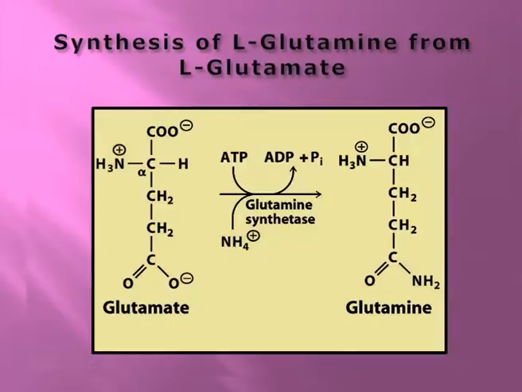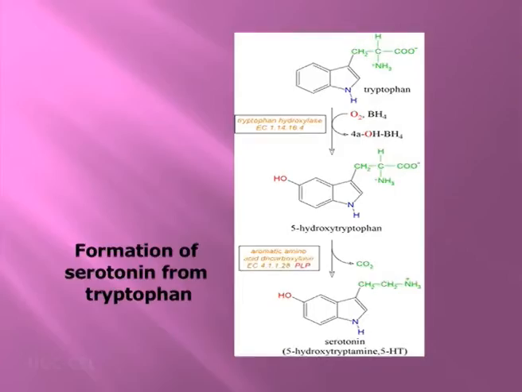L-glutamine synthesis also depletes ATP. Increased L-glutamine synthesis also causes L-glutamine outflow from the brain, and as a result, tryptophan comes in through the same antiporter system and may cause the generation of another neurotransmitter called serotonin.